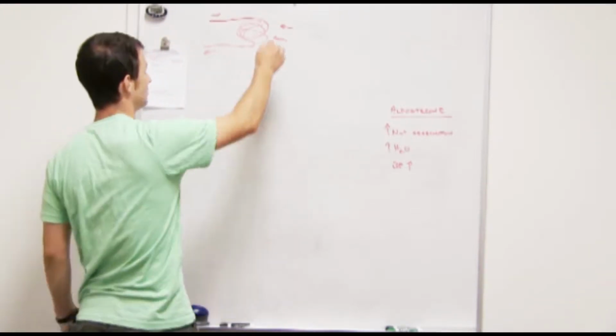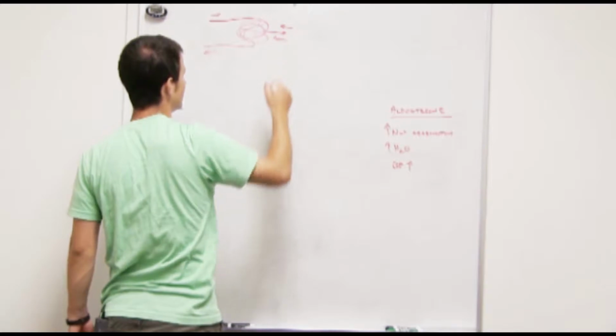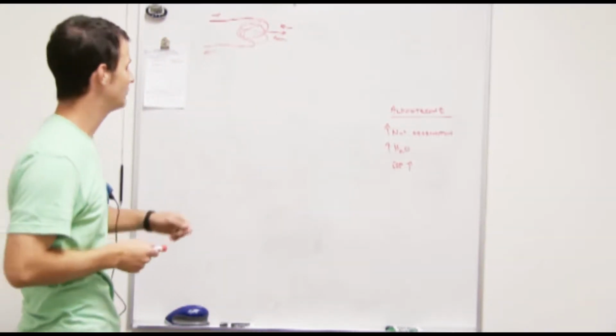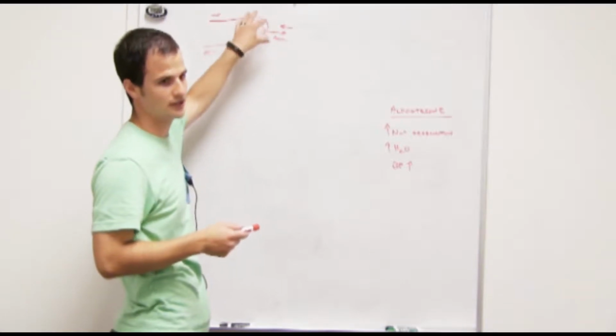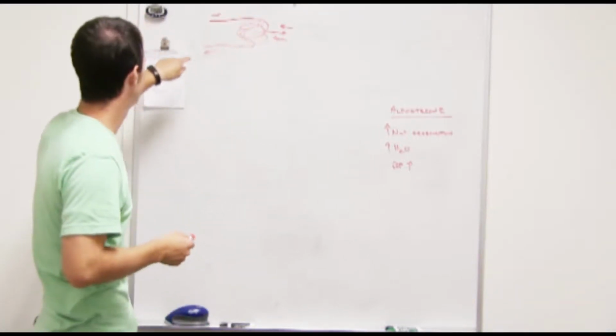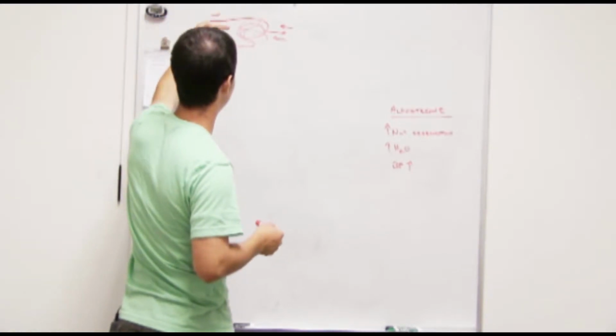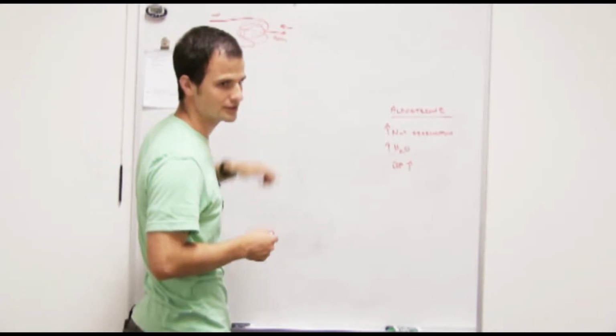So we need to build up this pressure to have filtration. But it also can't be too high or else you'll damage the glomerulus. When you increase the pressure going in, you increase the filtration pressure.